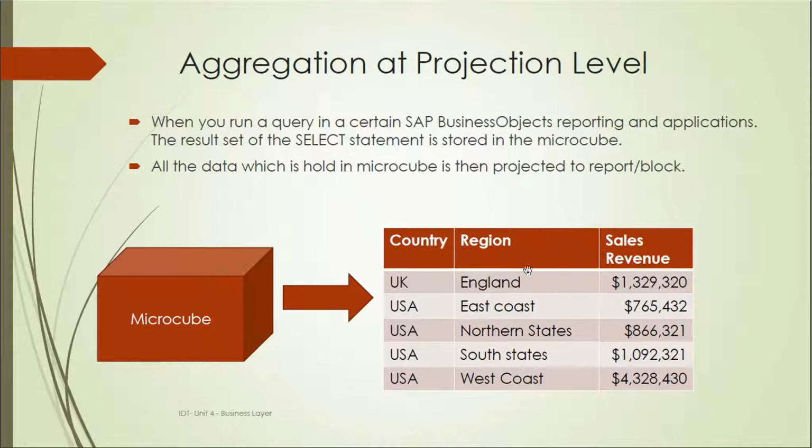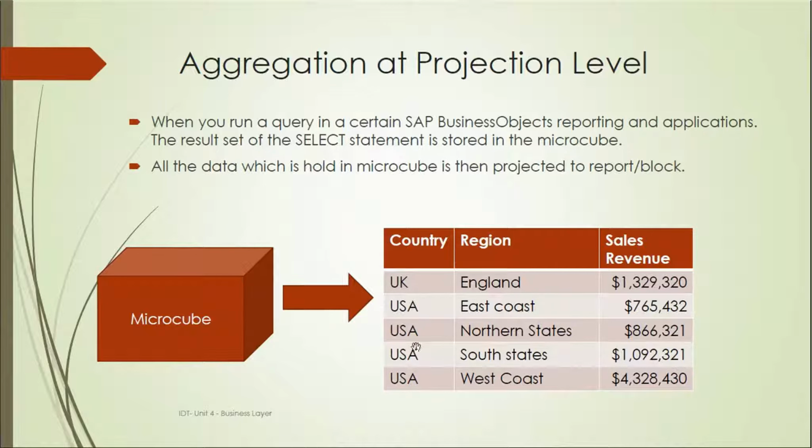If you remove this, it will group by country only. Before, it was grouping by country and region, so that's why it displayed the data separately for each region and each country. Now if I remove this region from the report, the grouping will change. It will just have the grouping on the country.